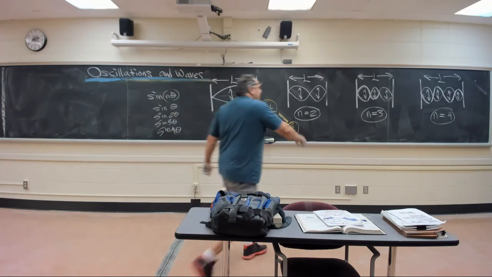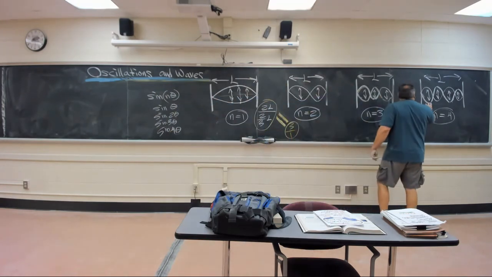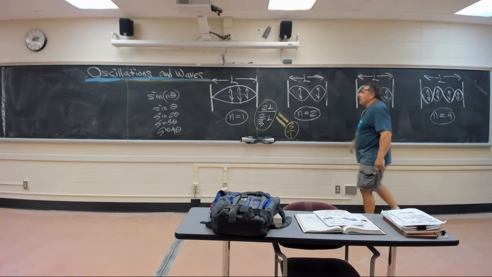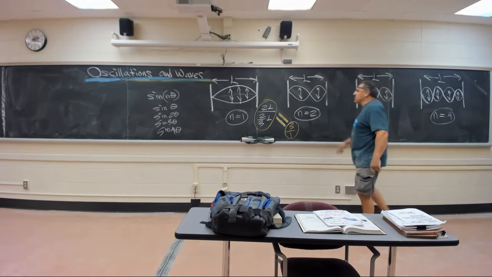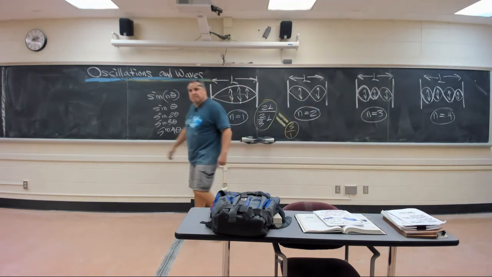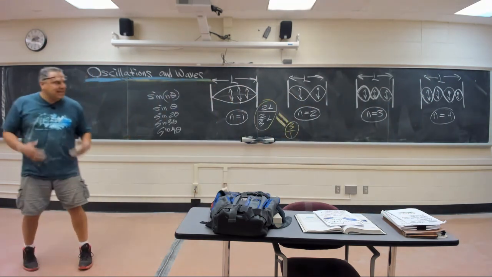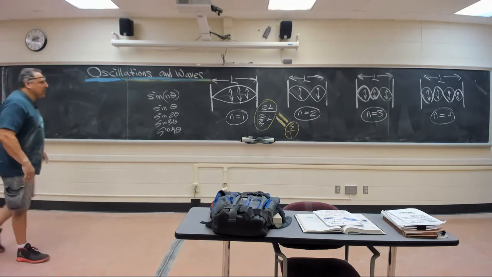Short wavelength means greater frequency of oscillation up and down. How much more? 1/4 the wavelength, 4 times the frequency that this one has. And that's a lot of what's happening when you do something like this.